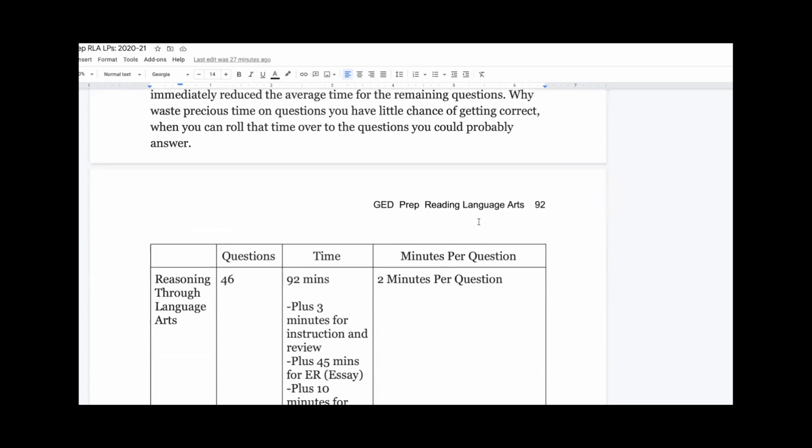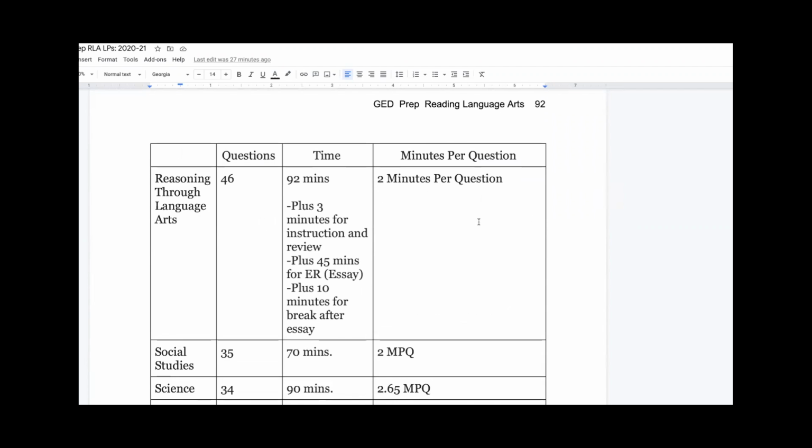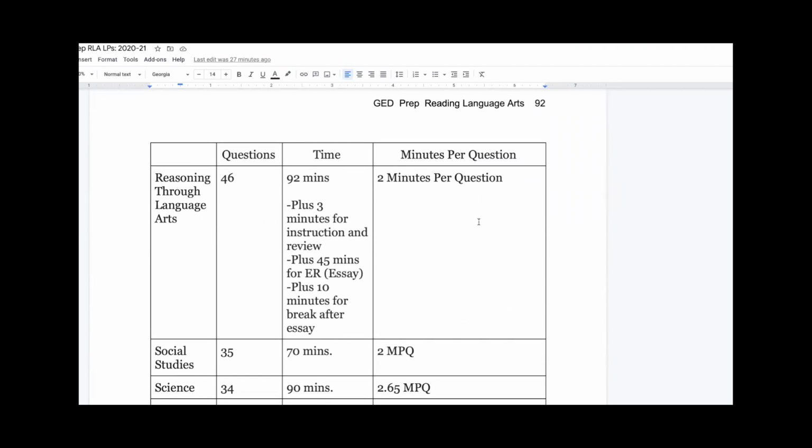So I created this chart for you so you can see approximately how much time you have per question based on the type of question. Given what the GED people stated to me, you're going to have about 46 questions.